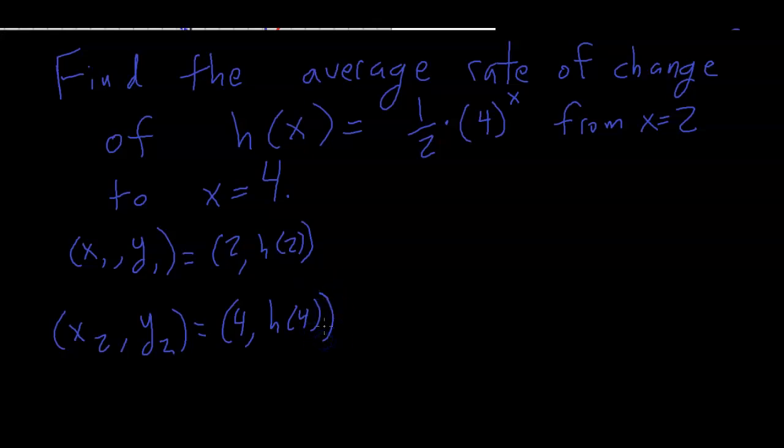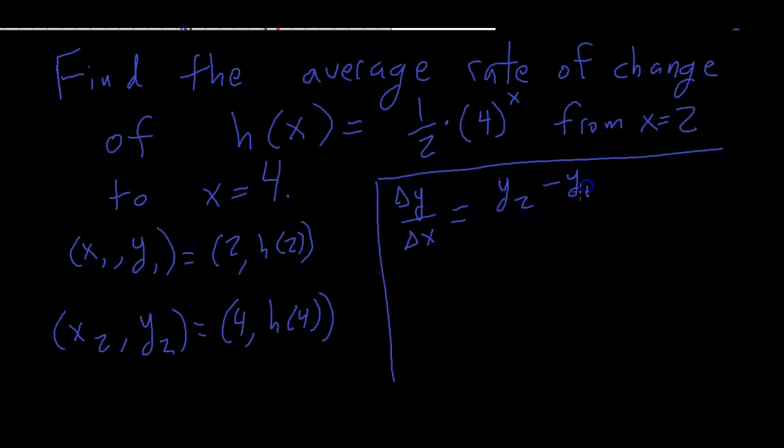We want to find the value of the function h at x equals 4. Okay, because then once we have those two points, we can calculate the change in y over change in x, right? Which is, let me just write it for now, which is of course y2 minus y1 over x2 minus x1, right? And that's the average rate of change of the function h over this interval.